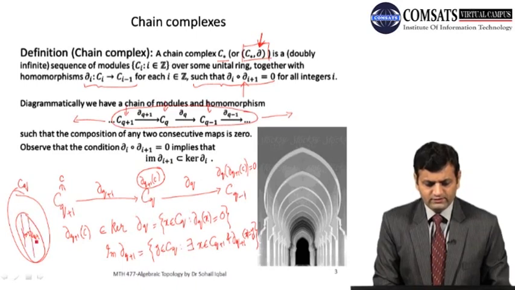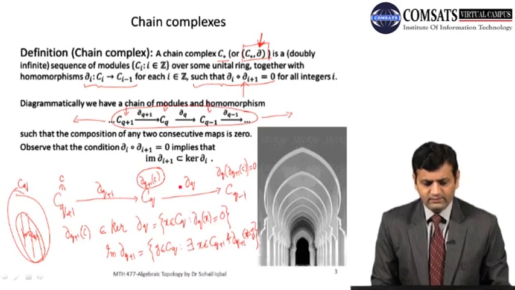These are the elements of C_q which are images of elements of C_{q+1}, and when we apply partial q again they go to 0. So every element of the image of partial q plus 1 belongs to the kernel of partial q.